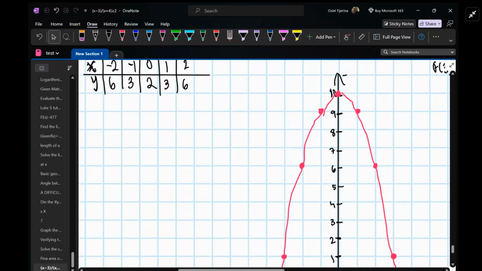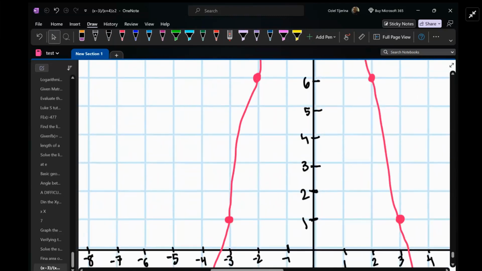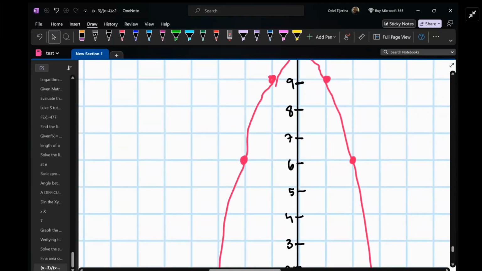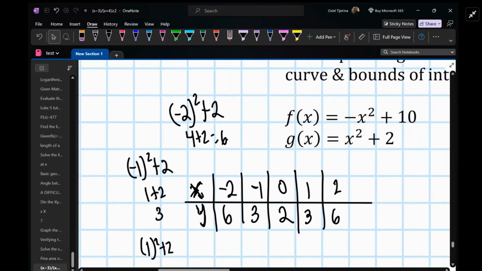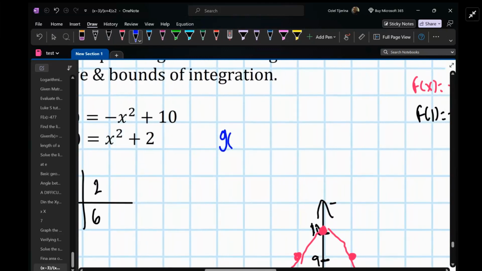So here we're going to plot the points negative 2 comma 6, and let's do this in blue, right? Because that's g of x, and g of x is x squared plus 2. Okay.